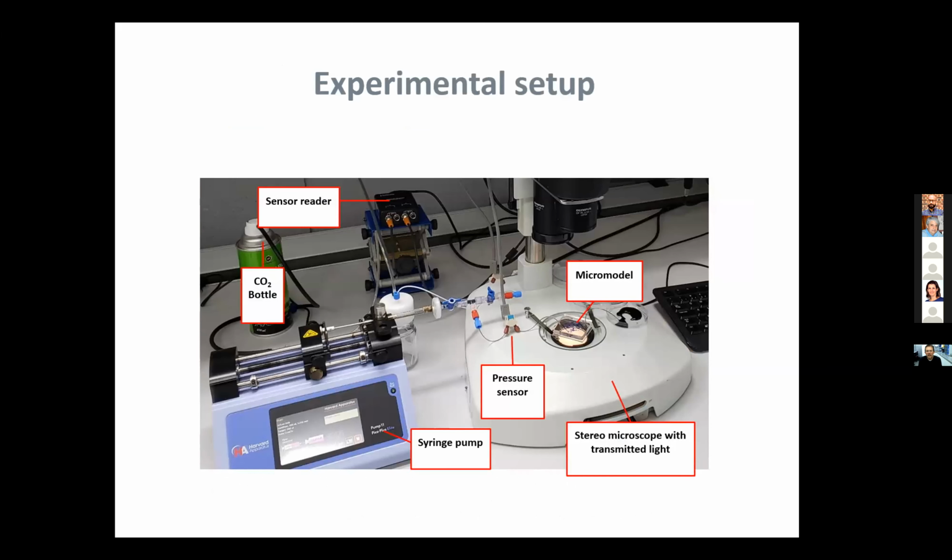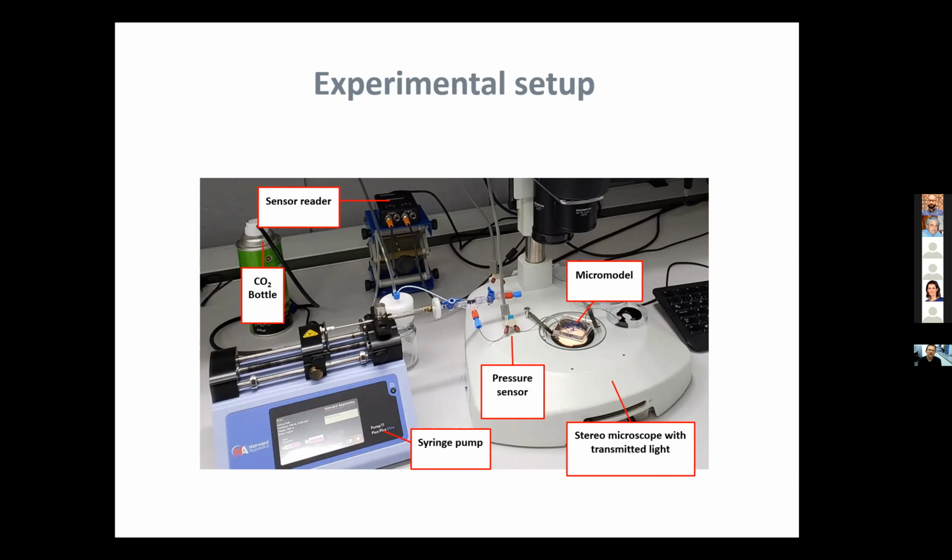After creating the micromodels, we analyzed some properties. We have characterized them. For that, we have used the following experimental setup, which is based on a syringe pump, a stereo microscope with transmitted light, a flow-through pressure sensor, a bottle of CO2, and some more accessories used commonly in a microfluidics lab.